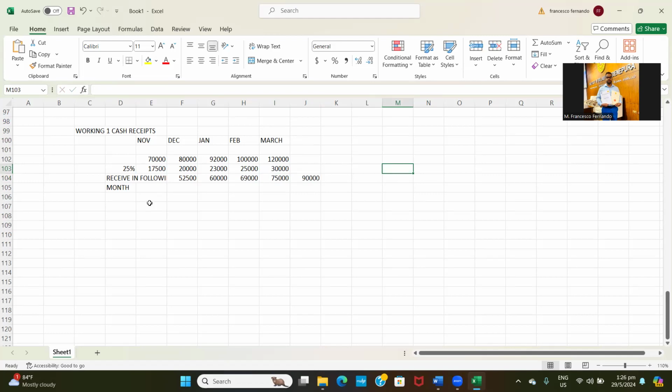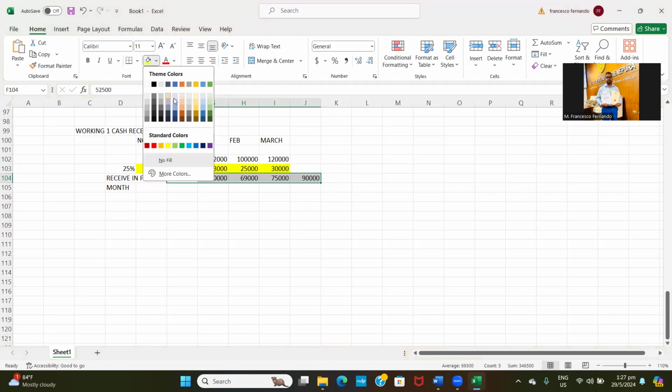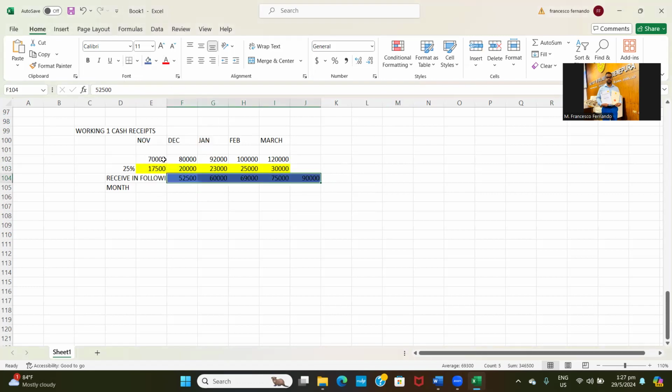Now, if you take November, only 17,500, so we must consider this 25% and the amount received in the next month only. The 70,000, 80,000 are the full figures. Now here, how much is the total cash received? Here it is 17,500.